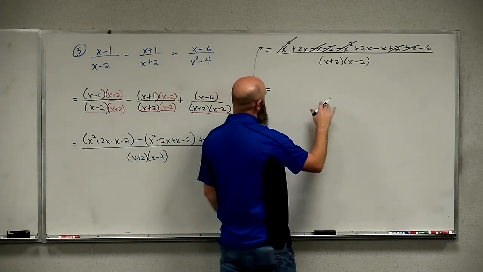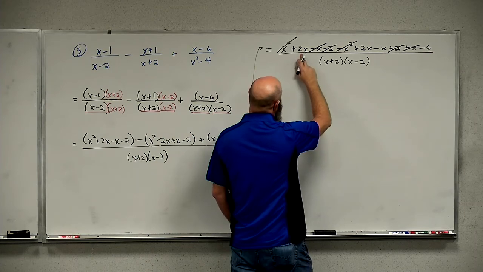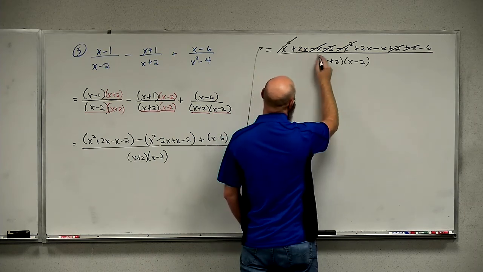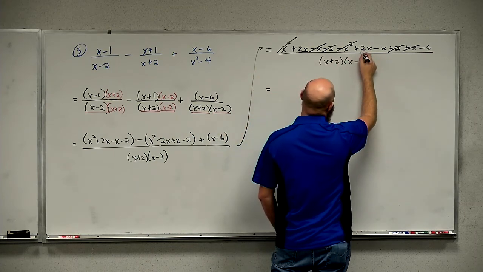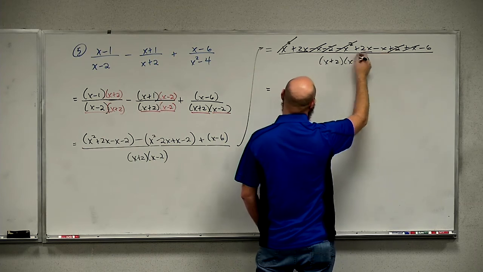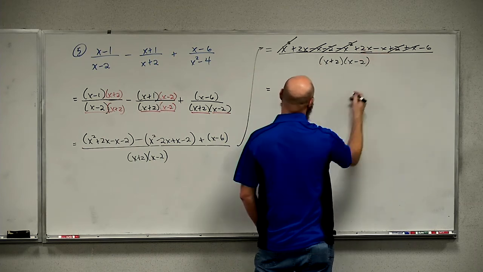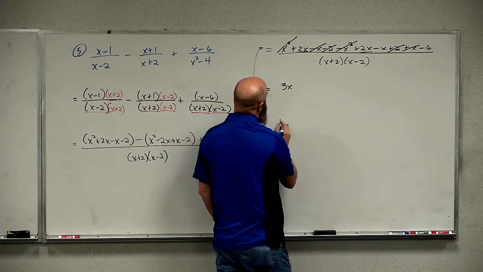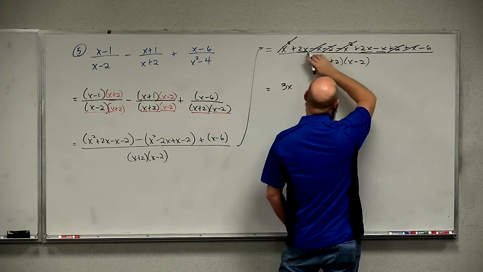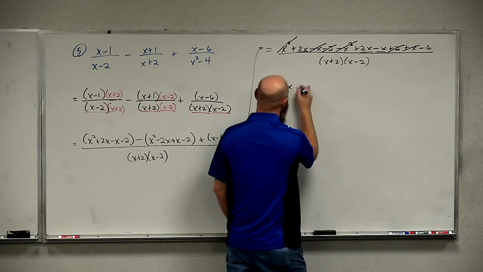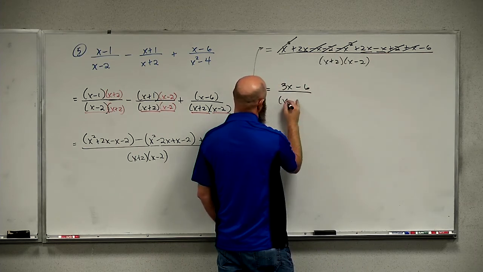So let's go back and combine anything. So I've got a 2x here. Those are eliminated. A 2x and then minus an x. 2 plus 2 is 4. Minus 1 is 3x. Everything else all the way down to the 6, so minus 6.